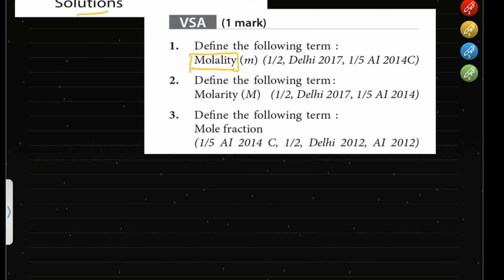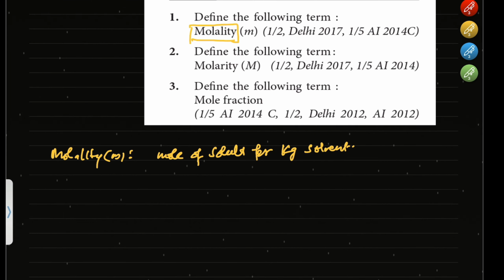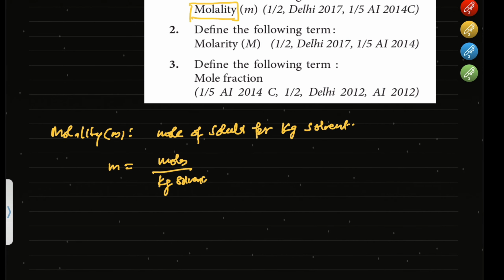Here molality is a 1 mark question, so we can write it like this: molality is moles of solute per kg solvent, or molality is equal to moles of solute over kg solvent.